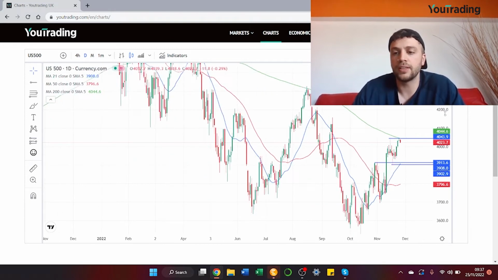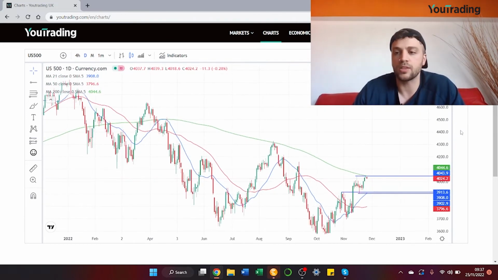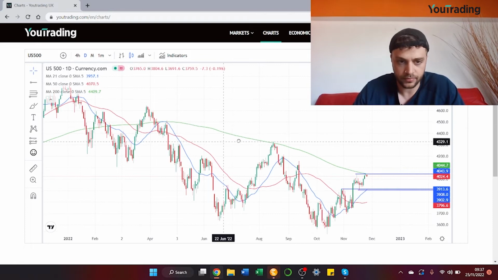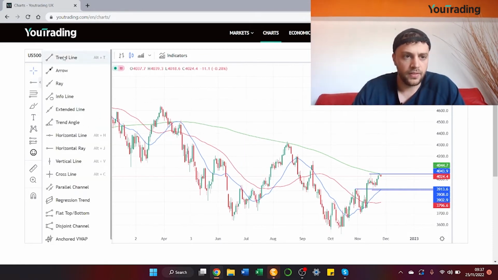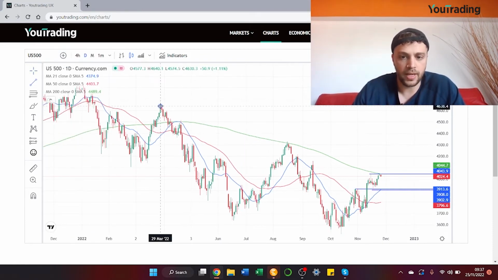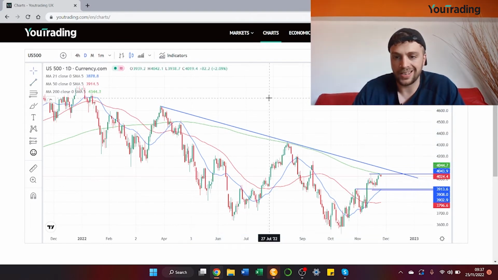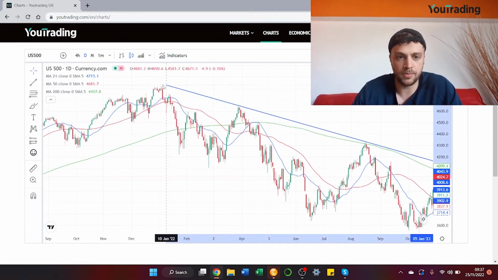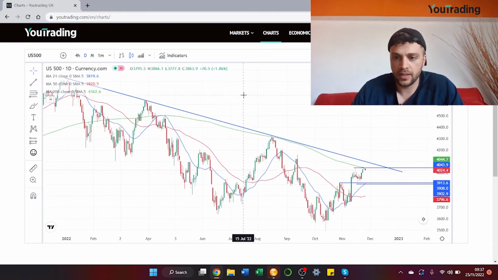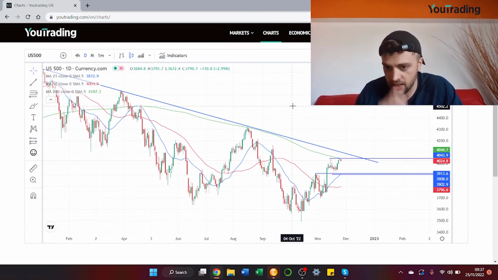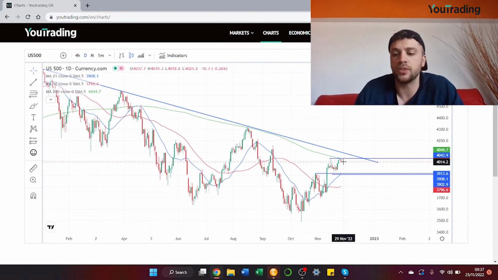In terms of a little bit more specific as to what's going on in the market at the moment, the S&P 500 is at quite an important area, I think. You've got this downtrend that it's been in all year. You've got the 200-day moving average, which has, in the last couple of months, been a very, very strong area of resistance. We're not breaking through it just yet, but that's because we had Thanksgiving yesterday and it's a quiet market today.